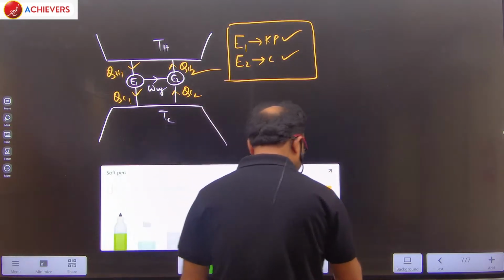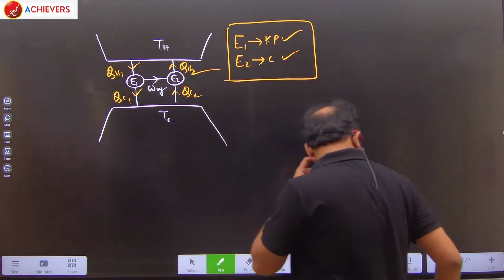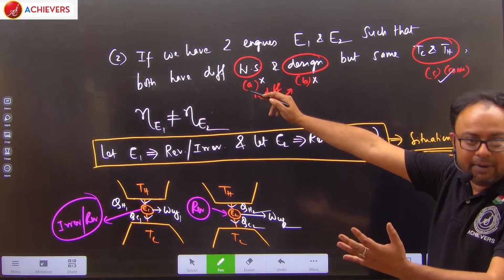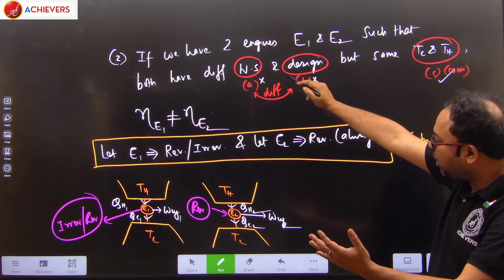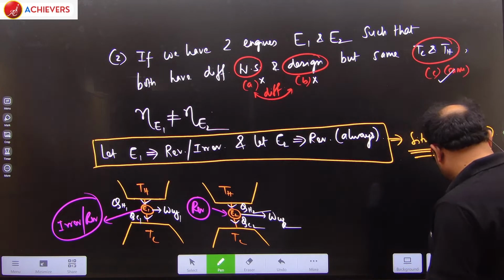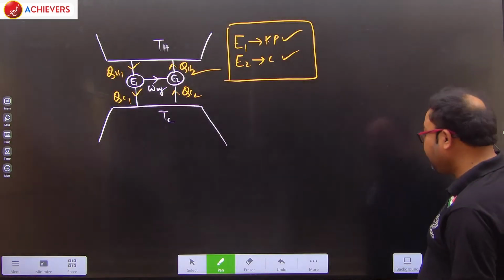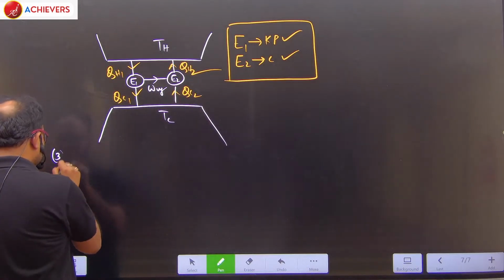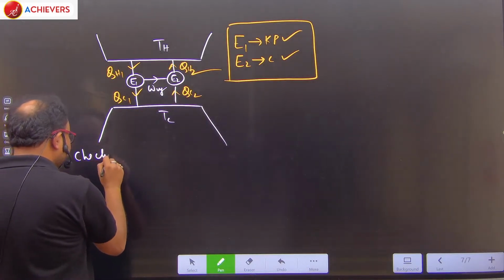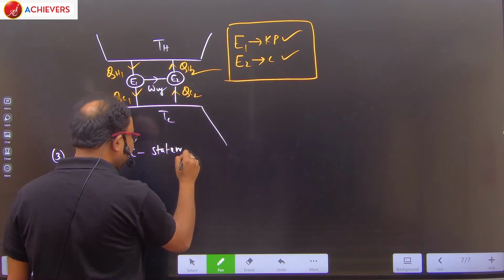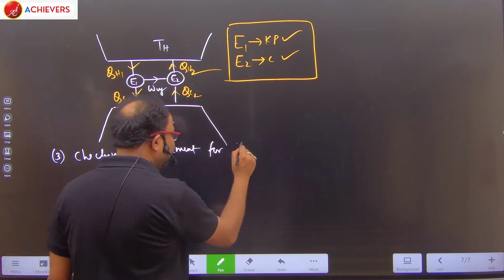Now we have done our point number 2, and we have constructed the couple. Our point number 3 is checking the Clausius statement for E1 plus E2.